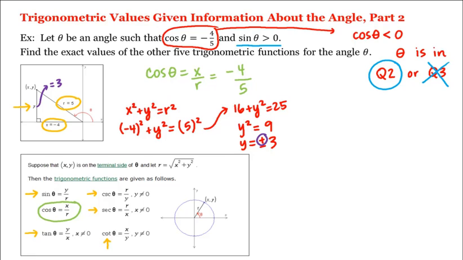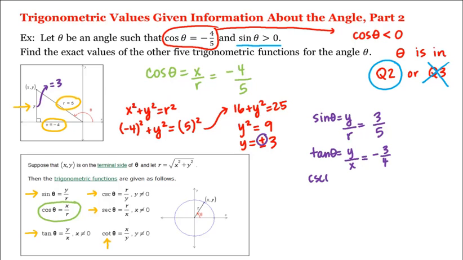And now we're ready to find our other 5 trig values. So sine of theta is equal to y divided by r, which is equal to 3 over 5. Tangent of theta is equal to y divided by x, which is equal to 3 divided by negative 4, or negative 3/4.